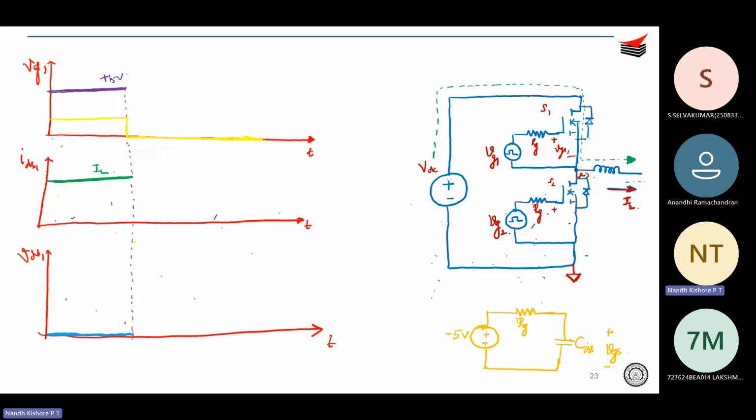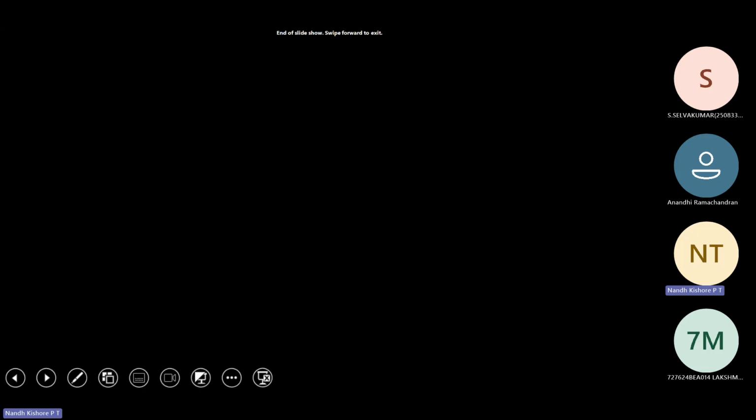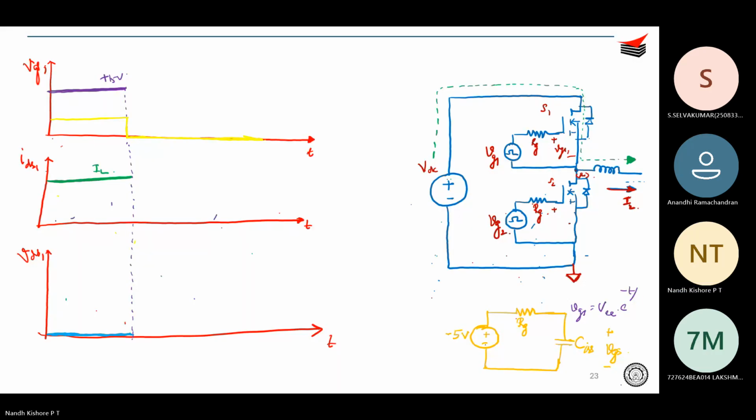So your VGS would decrease as VEE into e power minus t by tau, where tau is equal to RG times CISS. Let's assume the gate decreases linearly. So it will come till this point.